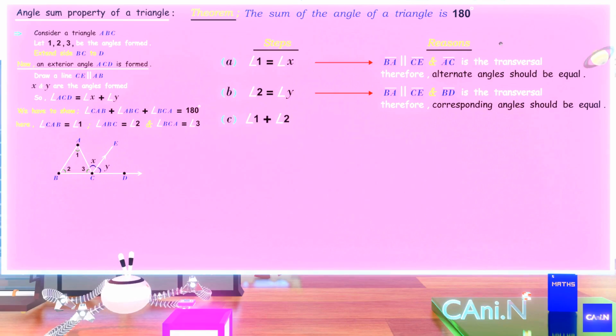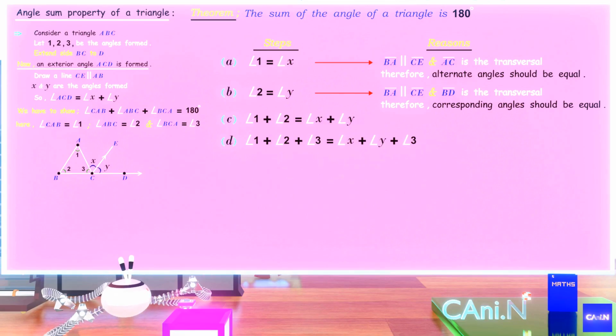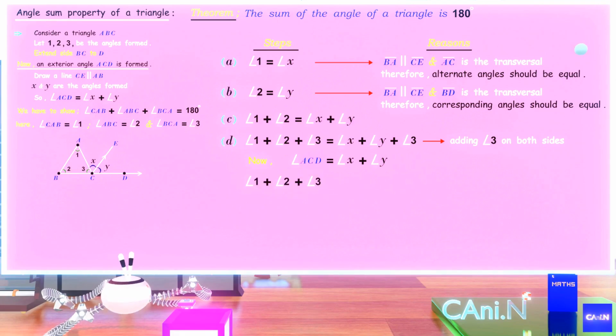So, angle 1 plus angle 2 can be written as angle X plus angle Y. Now, angle 1 plus angle 2 plus angle 3 equals angle X plus angle Y plus angle 3, that is, adding angle 3 on both sides. Now, we know angle ACD equals angle X plus angle Y. So, angle 1 plus angle 2 plus angle 3 equals angle ACD plus angle 3.